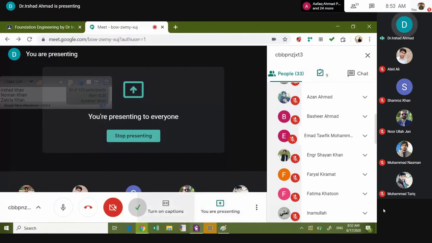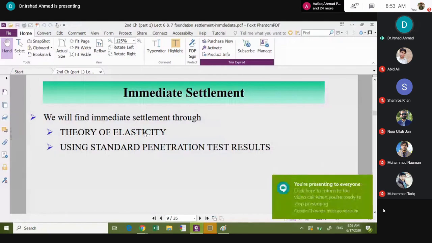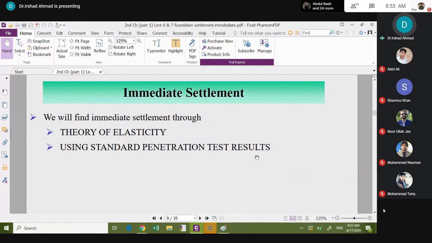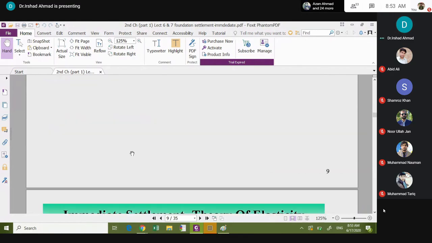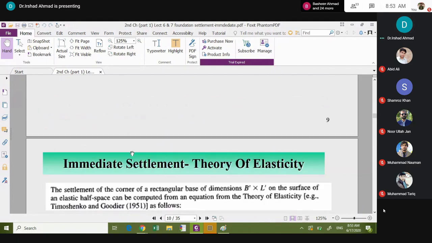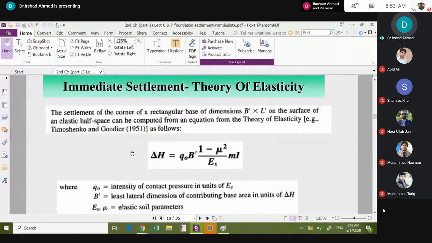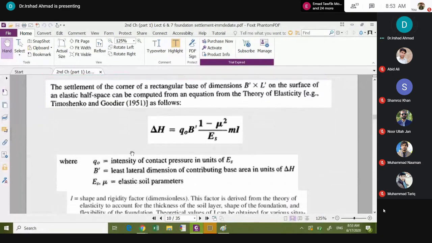Okay. Now immediate settlement. We would use theory of elasticity and standard penetration test results to find out immediate settlement. This is the equation based on theory of elasticity, right, to give you the immediate settlement. Here I explain to you the different components in this equation. Delta H is the immediate settlement.